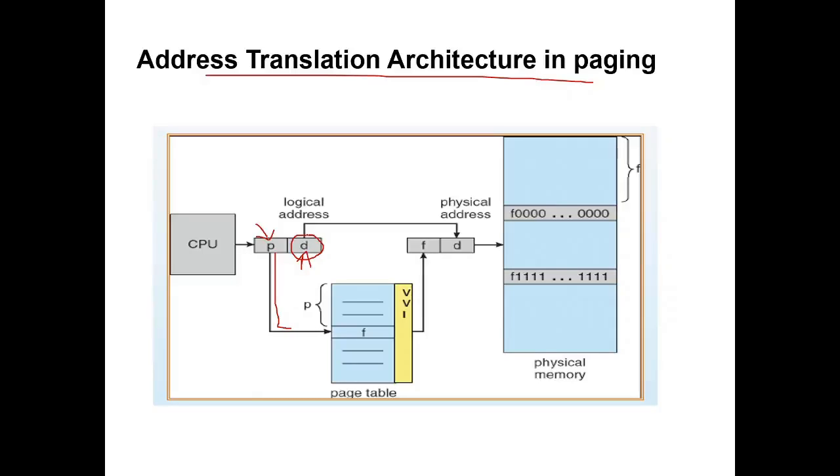The CPU will tell this information, then it will refer to the page table. In the page table, it finds in which frame that page is stored, and that address will be taken. That address we call the frame base address. It is stored there, and it will be added with the instruction number, then the physical address will be generated, and then it will execute.